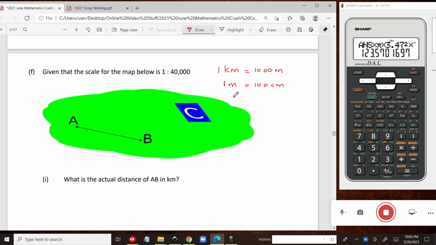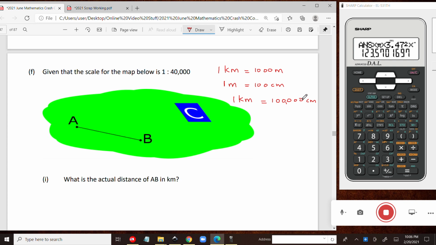So that means 1 kilometer is equal to 1,000 multiplied by 100. So what number is that? 100,000. So 1 kilometer is really 100,000 centimeters.